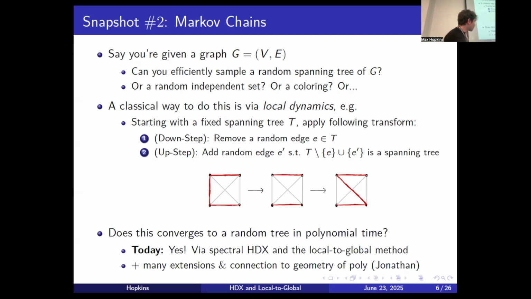So today, a lot of the focus will be on developing tools in spectral high-dimensional expanders and the local to global method to actually show that this indeed mixes very, very quickly. I guess you can probably get n log n. We're only going to show n squared or something like this, but we'll show sort of a low polynomial mixing time for this, as well as many, many related chains like on independent sets and things like this. Jonathan will talk about lots of extensions of this result and very interesting connections with geometry of polynomials.